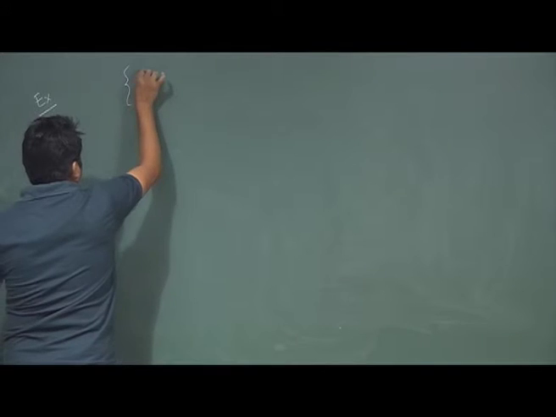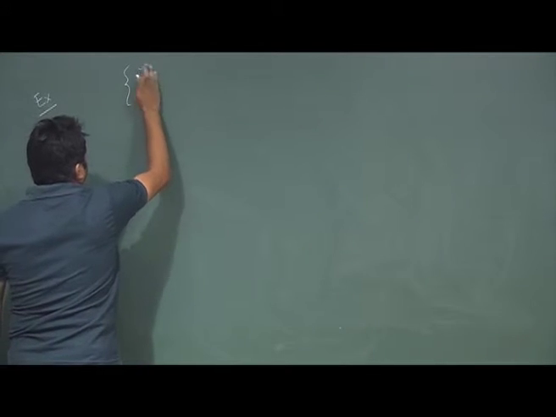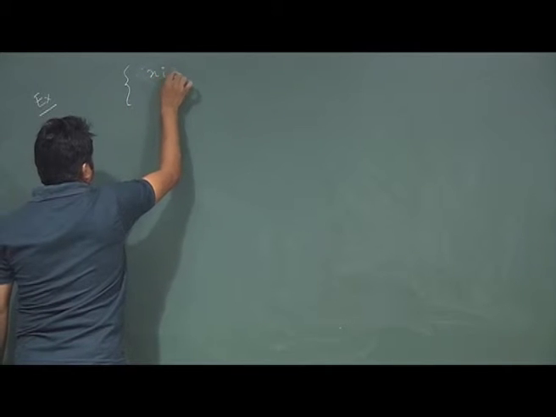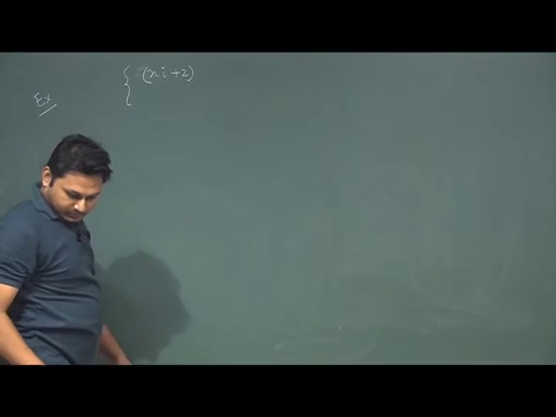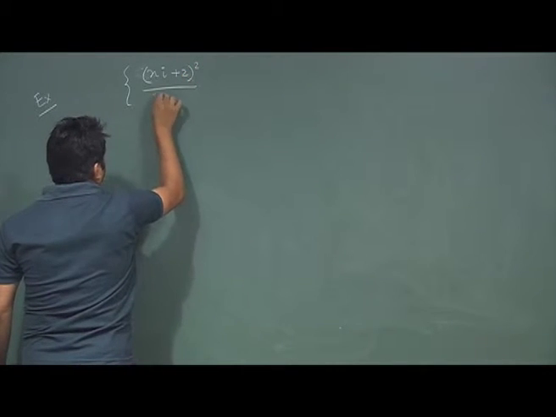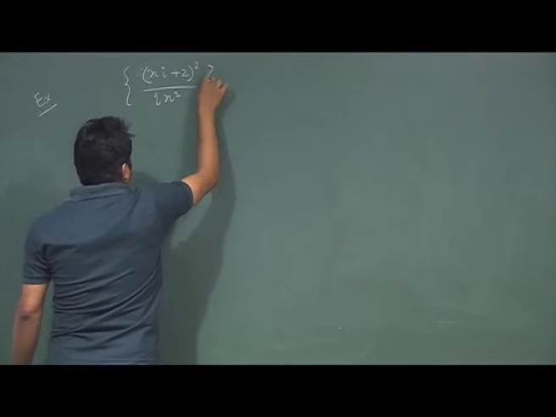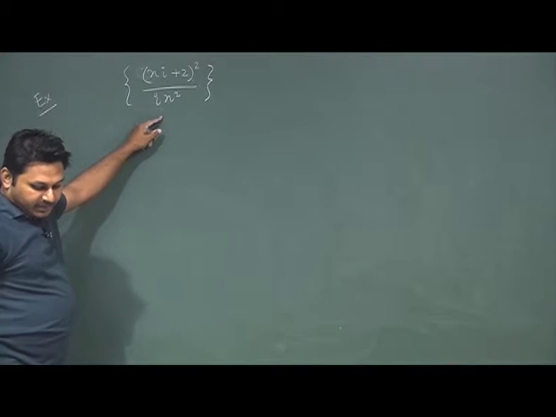So, next is this example: (ni + 2) whole square divided by i n square.